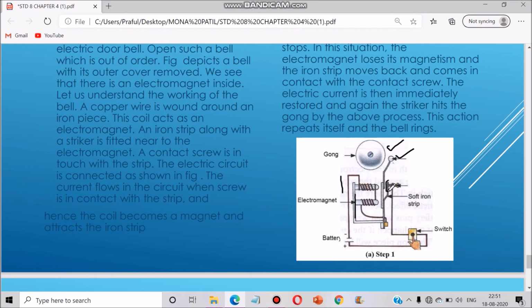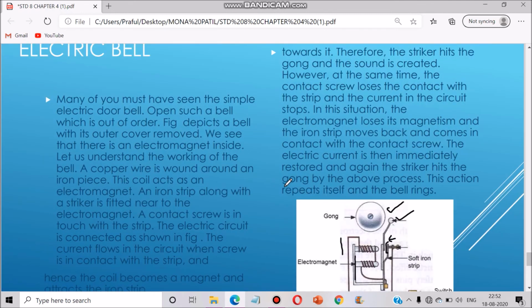If these two things are attached, then what happens? A contact screw is in touch with the strip. The electric circuit is connected. As shown, the current flows in the circuit when the screw is in contact with the strip, and hence the coil becomes a magnet and attracts the iron strip. This is the working of an electric bell.